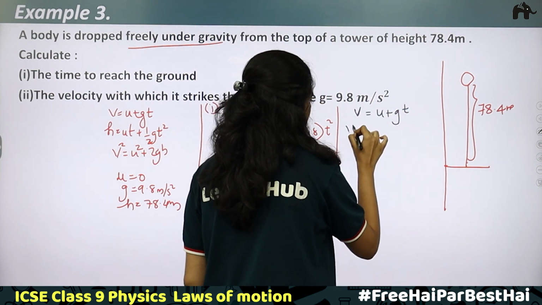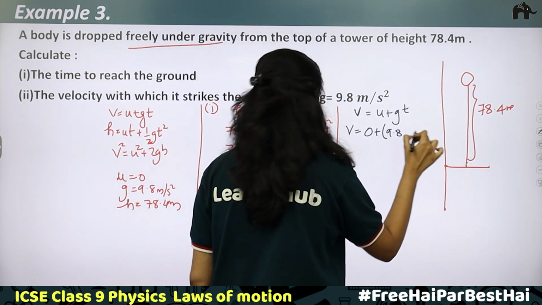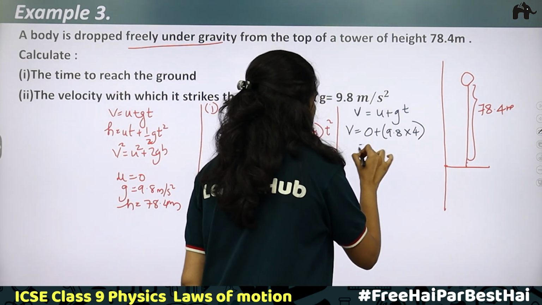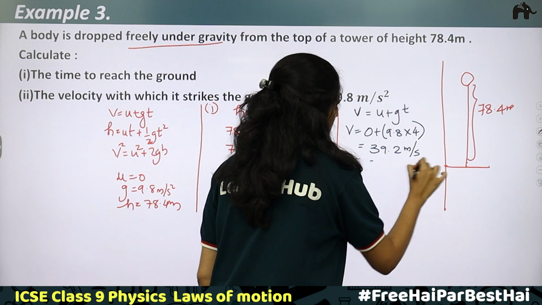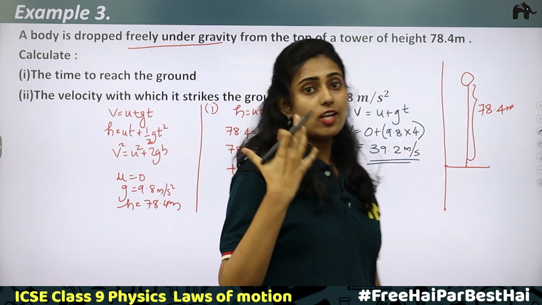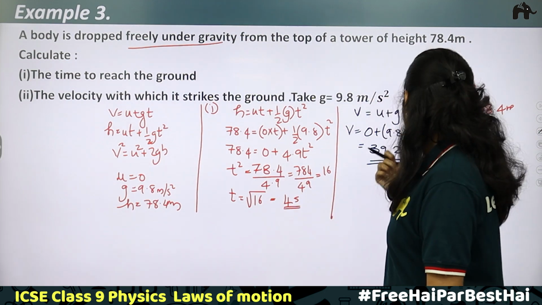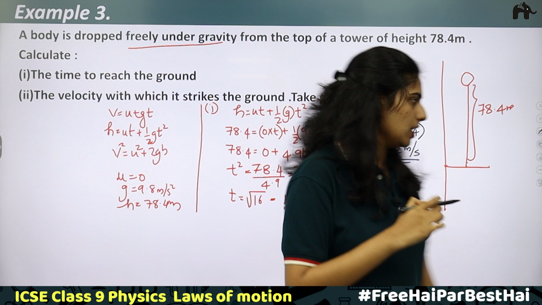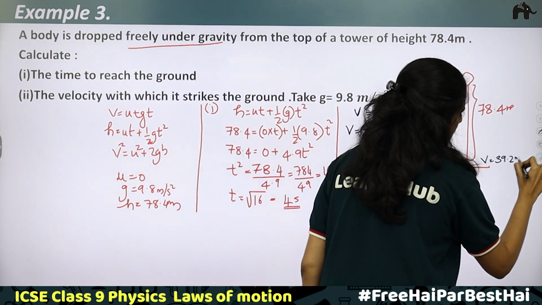Now put the values. v will be equal to 0 plus 9.8 into 4, which is equal to 39.2 meter per second. So the velocity with which the body strikes the ground is 39.2 meter per second.